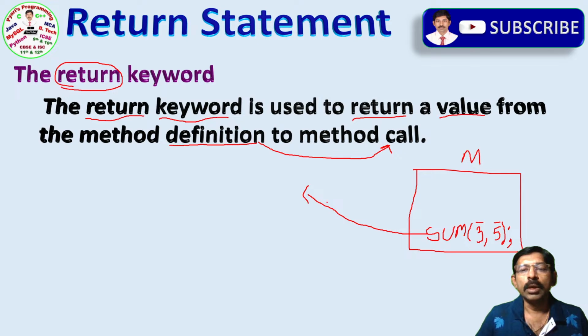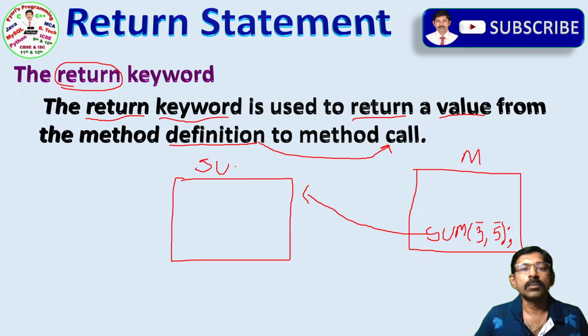Next part is this call will transfer the control. Next question. The function call transfers the control to dash. To whom is it transferring the control? Here I am having again sum, and here I am saying it is having a variable called x, having a variable called y. Data type is required for x and y, but just as an example, I am omitting it.